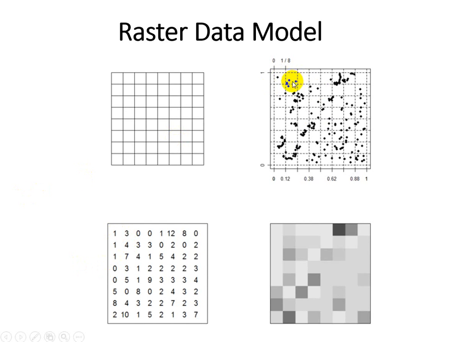In this cell over here, how many points are there? There's 3. In this cell, there's 0, and so on. And we can represent the count in here by some kind of a color, right? And so 12, which is a very dense amount of points, is represented by this very dark color. And 0 is represented by a very light color. This is a very efficient way of holding on to and storing data.